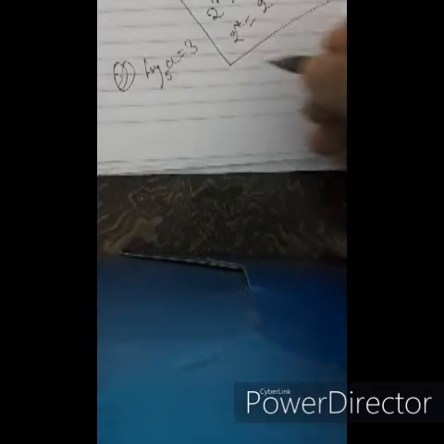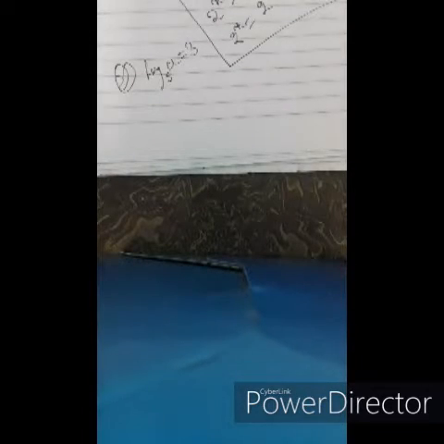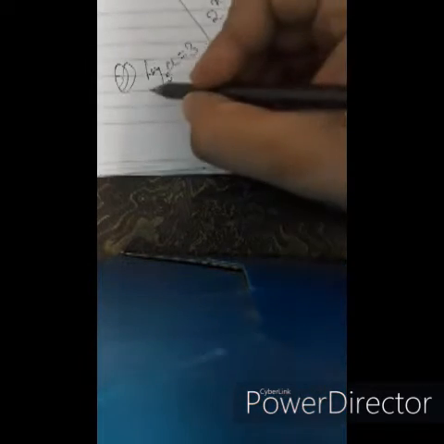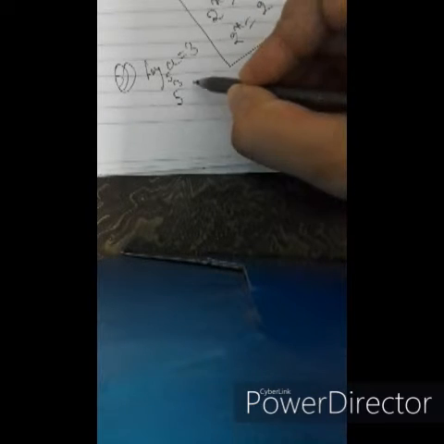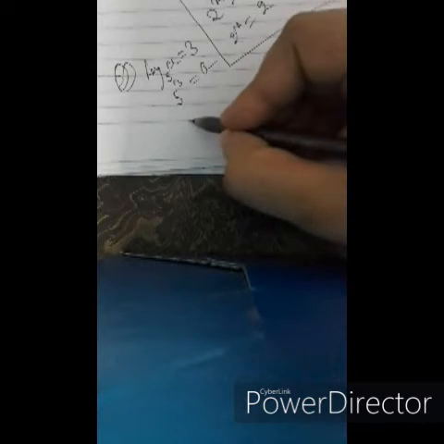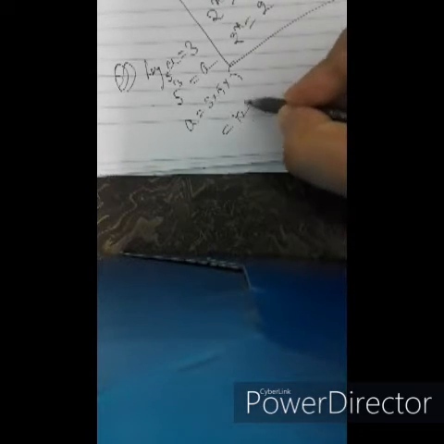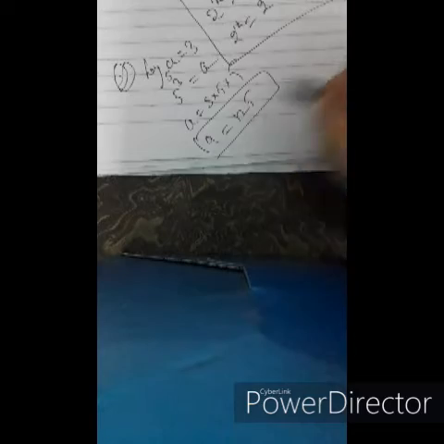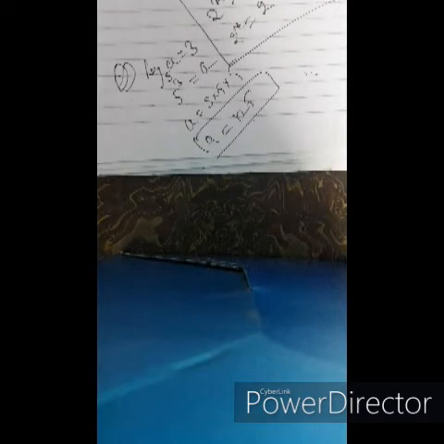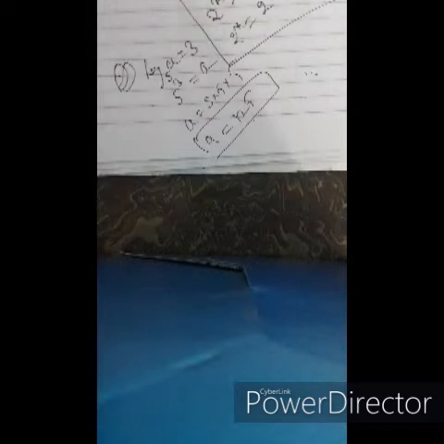It's very simple. We'll take 5 to the power 3 equals a. Therefore a equals 5 into 5 into 5, 125. Simple. a is equal to 125. So these are the problems.